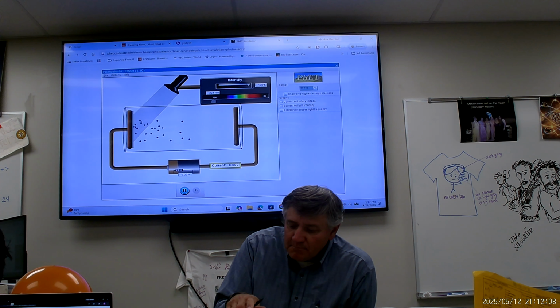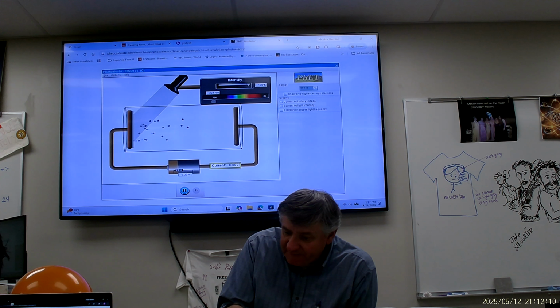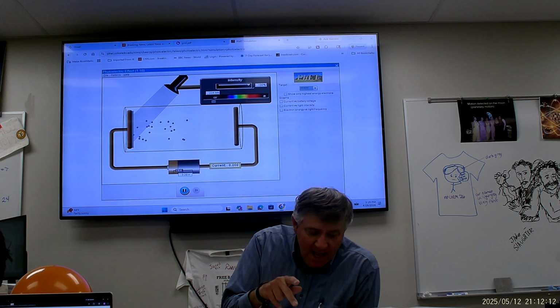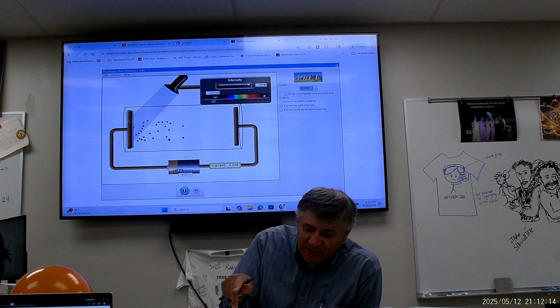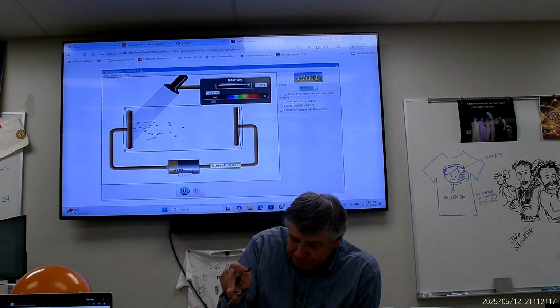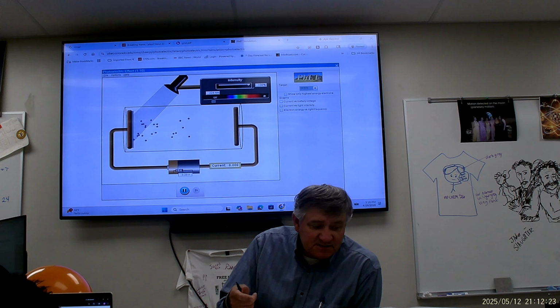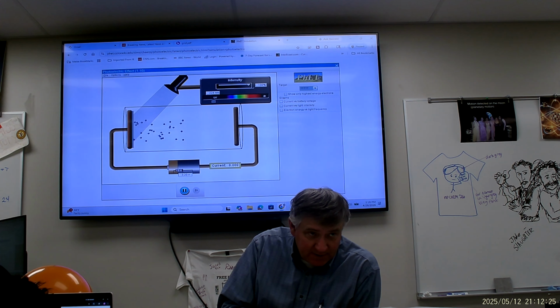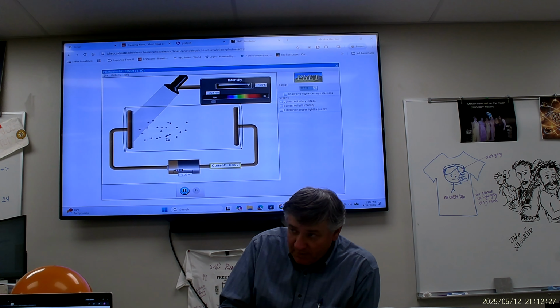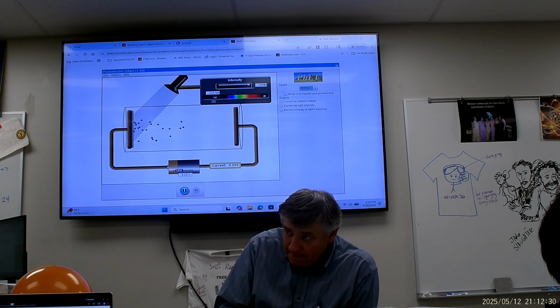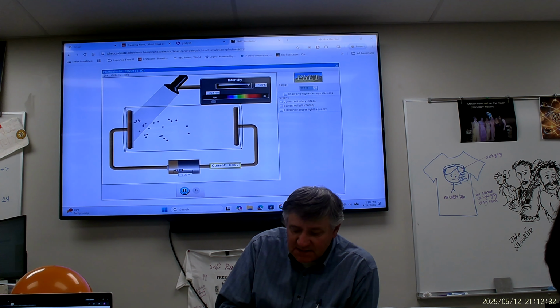But you have to use that specific work function of 2.304, and that wavelength of 300. So that velocity isn't going to be the same velocity that you found before, because that was based upon a wavelength of 419. This is based upon a wavelength of 300. It'd be the same process.